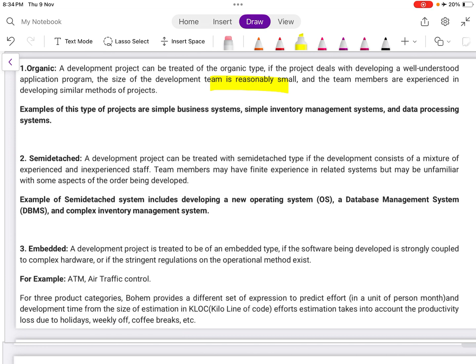Semi-detached. A development project can be treated as semi-detached type if the development team consists of a mixture of experienced and inexperienced staff.